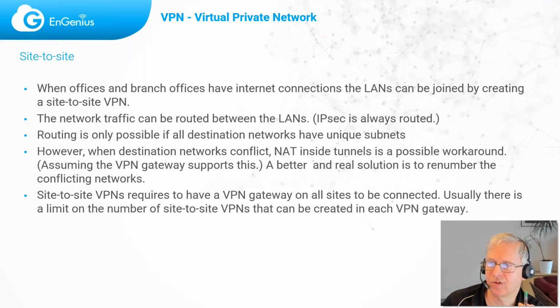Site-to-site VPNs, of course, you need the VPN gateway on all the ends that you want to connect. And if you're talking about something like a mesh VPN, there is a limit on the number of VPNs that you can make with any one device. So you're limited to that.